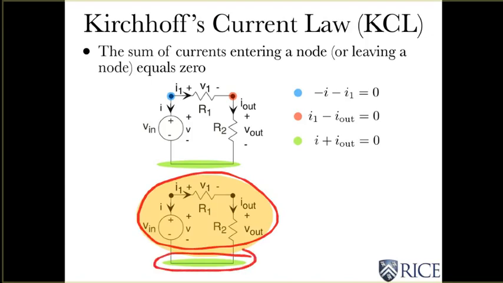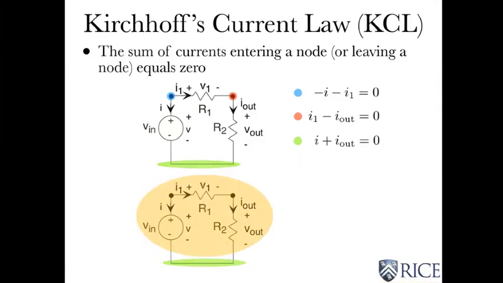Because KCL is satisfied at each of the individual nodes here, the sum of currents leaving the yellow surface has to be I plus I out. Those currents have to leave and go into the green node by definition, so that gives us the other KCL equation of currents entering.